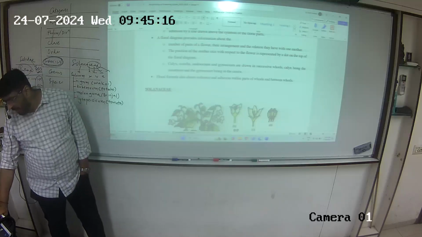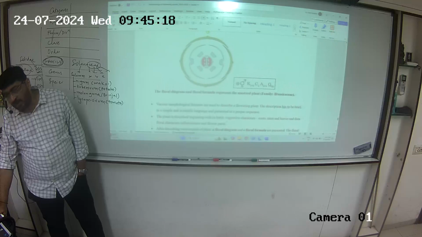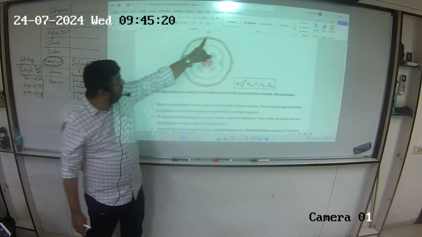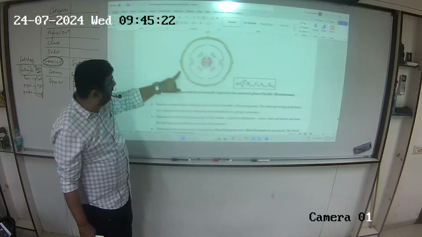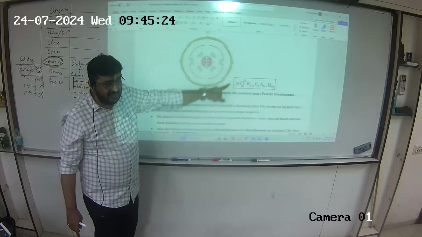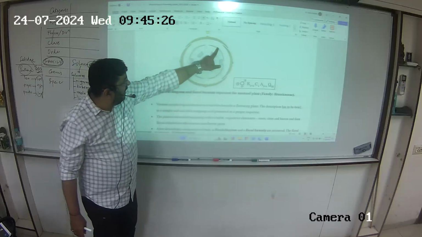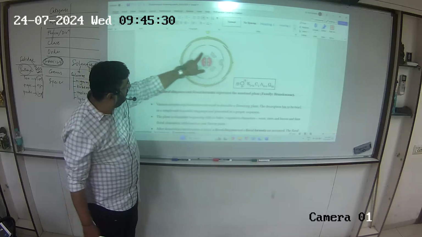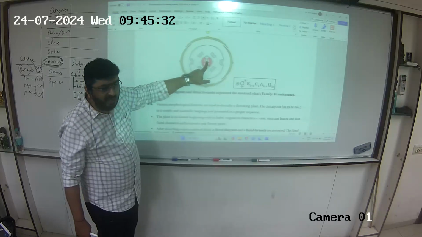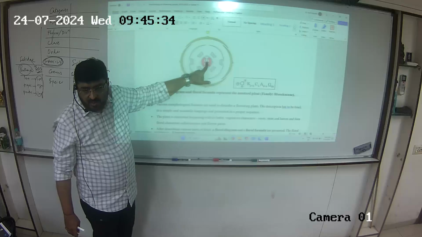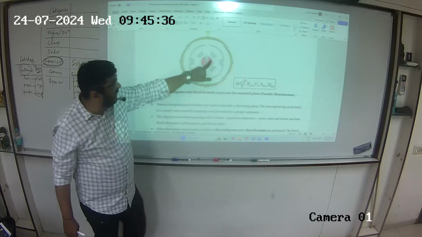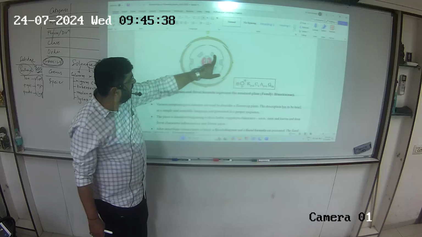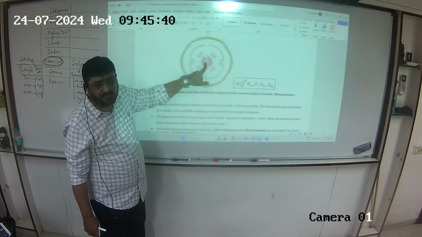So when you look at the diagram, the outermost structure that you have drawn is that of the calyx, followed by the corolla, followed by the androecium, and the innermost will be the gynoecium. आ रहे समझ में? So ये calyx होगा, ये corolla, this is androecium, this is gynoecium.